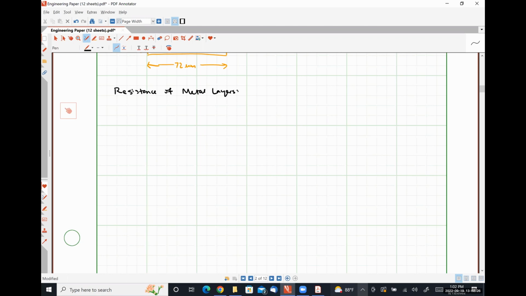As we increase in height vertically, the metals get thicker and thicker, okay? But generally speaking, we'll treat R square of metal as approximately 0.1 ohms per square.